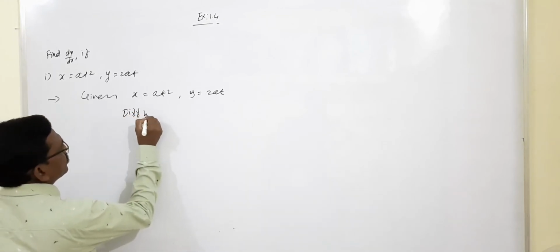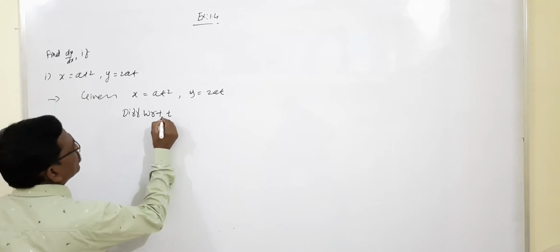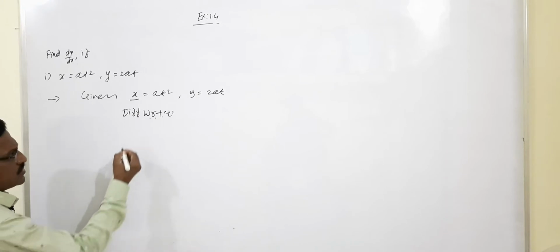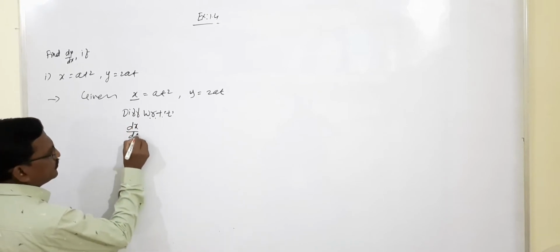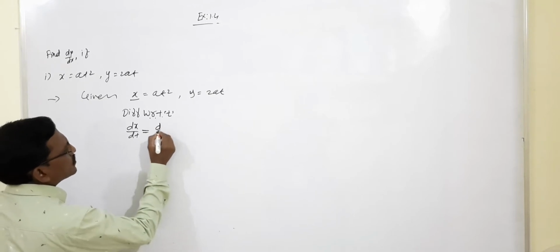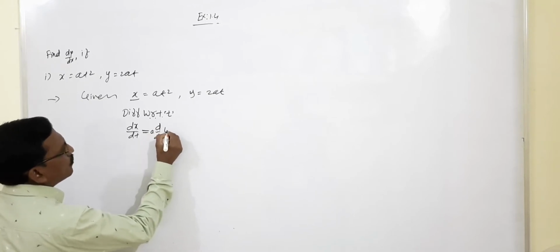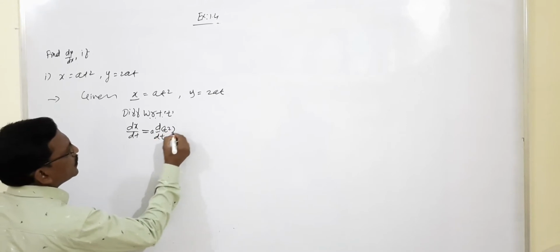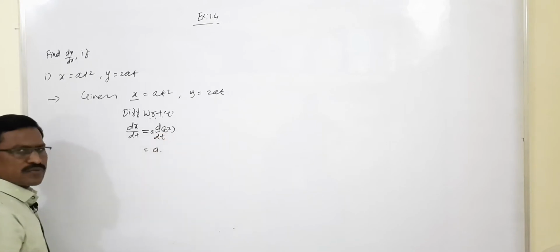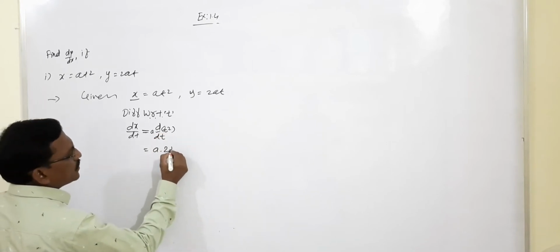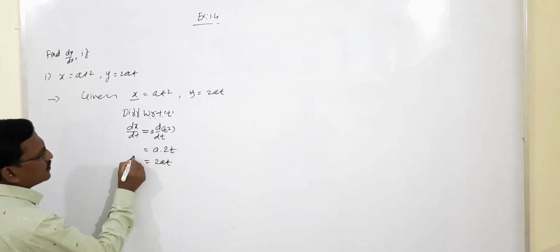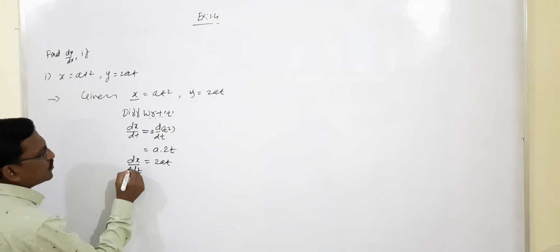So the derivative of x with respect to t, dx by dt, is equal to a into the derivative of t square with respect to t, which is 2t. We write it this way, 2at. This is the derivative of x with respect to t.